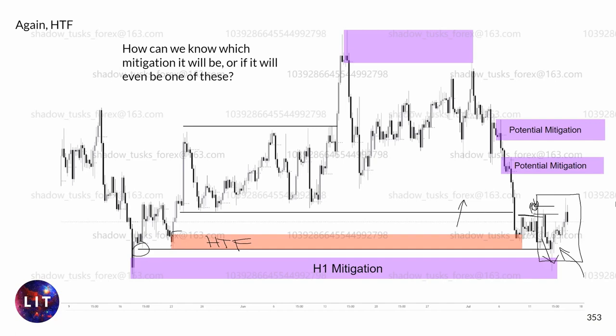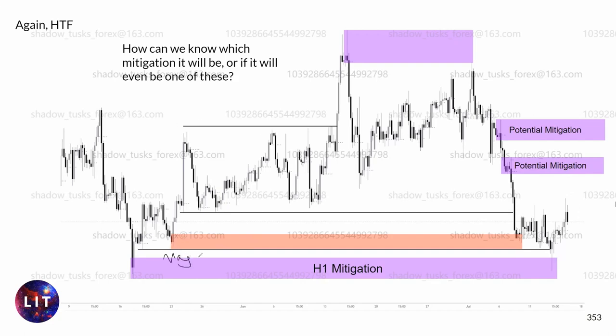We then came down, gave a false reaction up into the mitigation before the mitigation of the inducement, before continuing lower with nice vector candles, especially on intraday, right? Then we had our major inducement right here. That's not good.